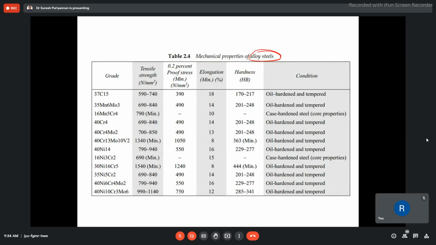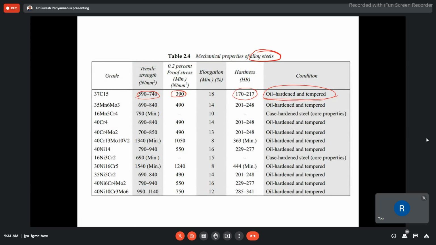Yeah, 0.37% carbon and 1.5% manganese. See, this is the tensile strength we should follow. This is the percentage of proof stress. We already discussed the stress strain diagram. And this is elongation. This is the hardness and the condition in which we are able to use this: oil hardened and tempered conditions.